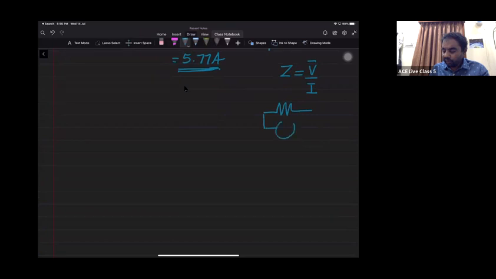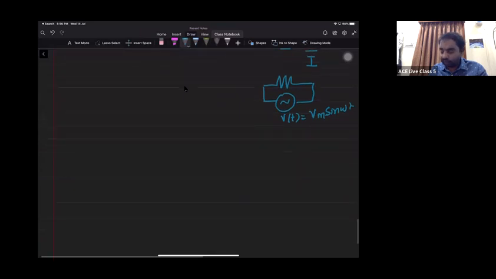If I apply a voltage V of t equal to Vm sin omega t, this is the sinusoidal or instantaneous representation. I can represent this phasor as the RMS value at an angle 0. Then what is the equation for the current? Current is equal to V bar by R, voltage by resistance.